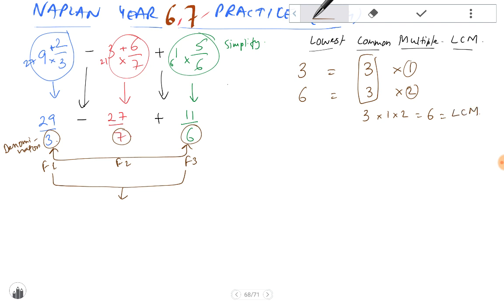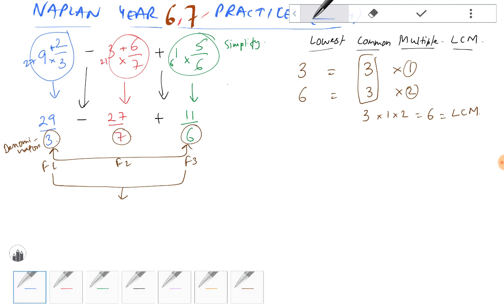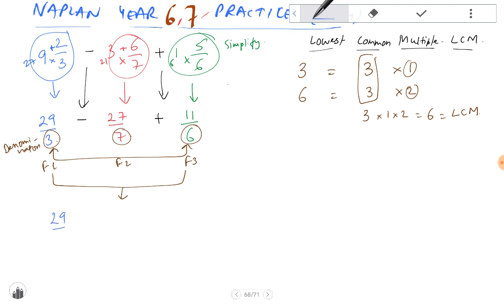Okay, so when we are solving this problem here, 29 by 3 plus 11 by 6, which is fraction number 1 and fraction number 3, we solve this by first of all putting in the LCM in the denominator.